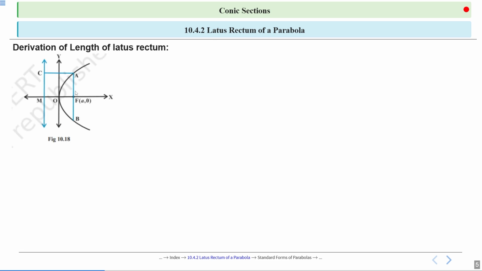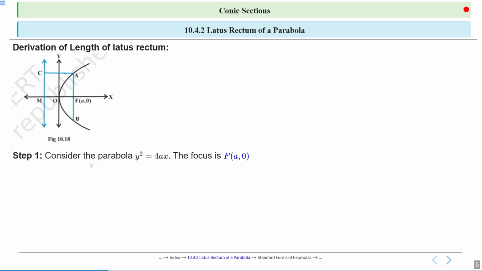In this figure you can see this is our latus rectum, and AB is the length of the latus rectum. So we will derive which formula we can use to find the length of the latus rectum.